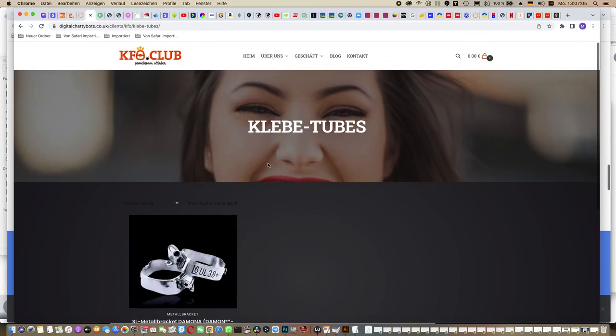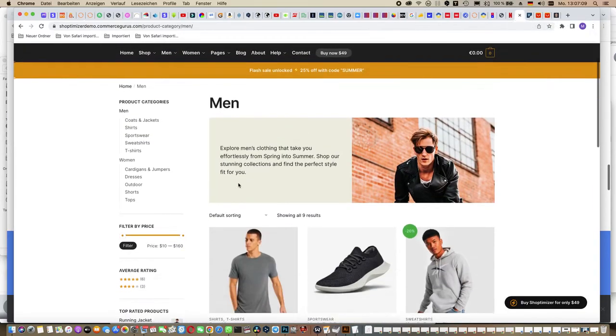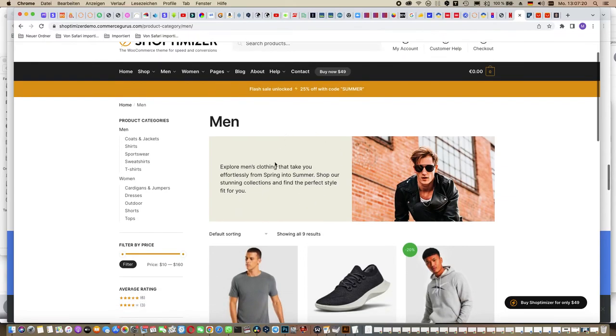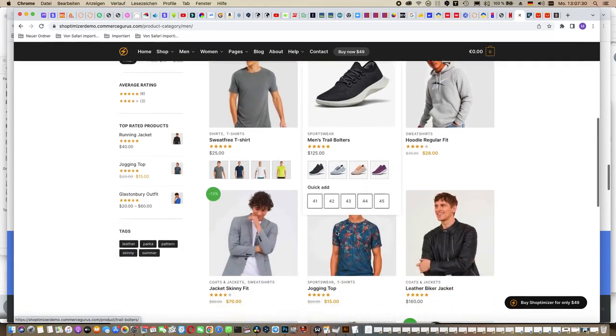If this is the men's category, then I would prefer it to look like this on a black background, of course, and then we can have here a picture of the bracket or something like that, or something else. I'd quite like to have an image for each category, and then the products just like that.